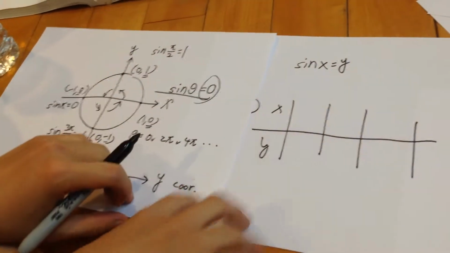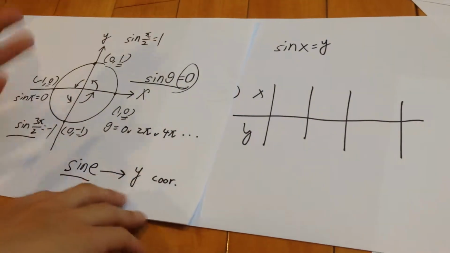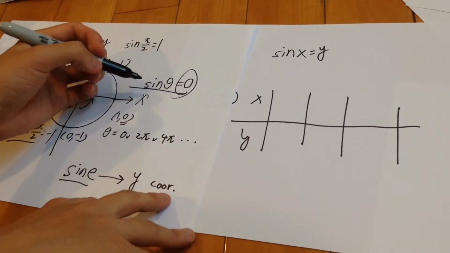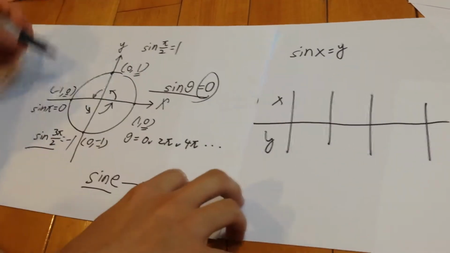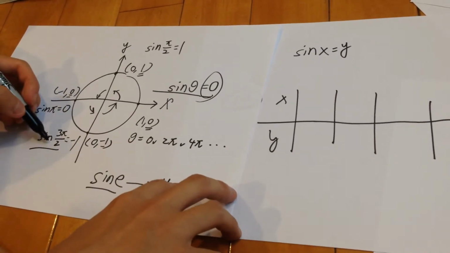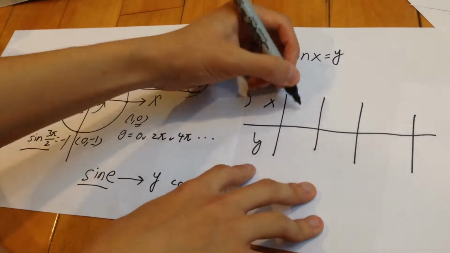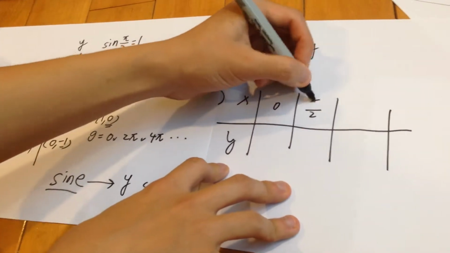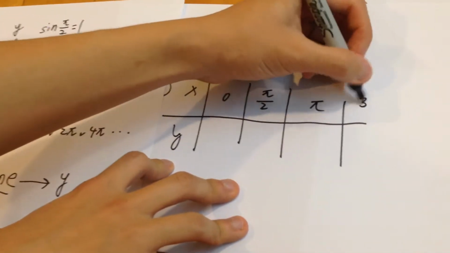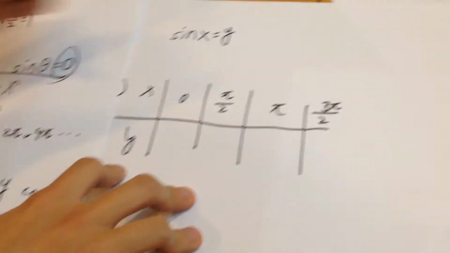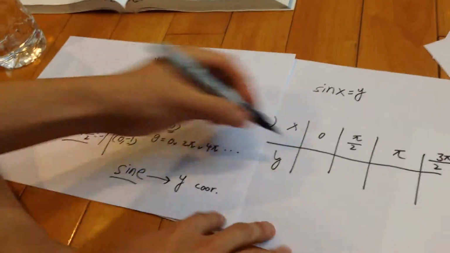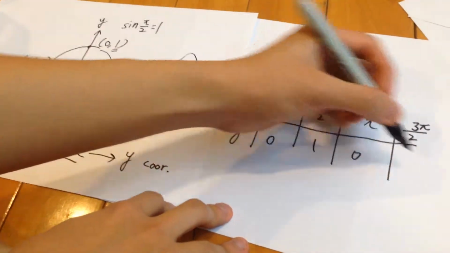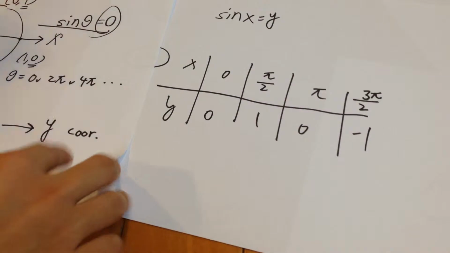So let's say x is theta. So for theta, we have 0, pi over 2, pi, 3 pi over 2. And the y-coordinate would be 0, 1, 0, and negative 1. Easy.